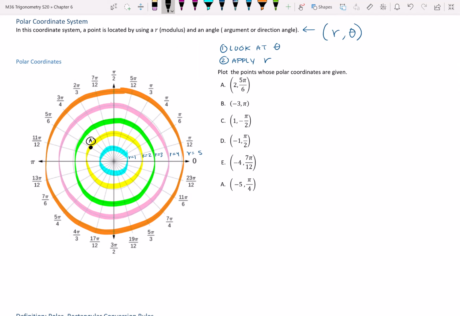Again, let's look at theta first, at my argument. My argument here is pi, so I'm going to be at pi. So here's pi, and my R is -3.